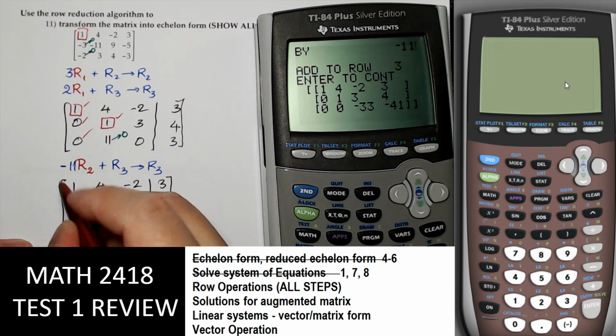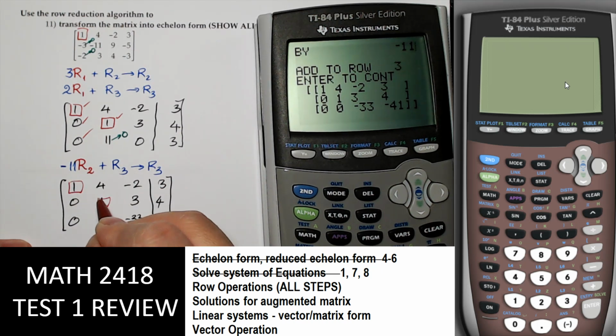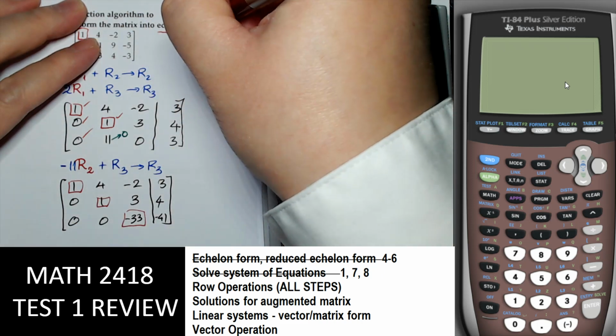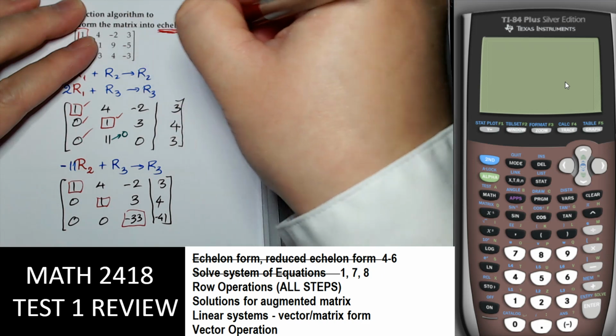Notice that in this problem the first non-zero entry is the pivot entry on the steps. So this is in the echelon form, and pretty much we're done with this problem.